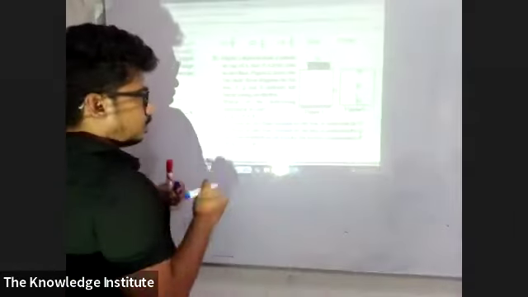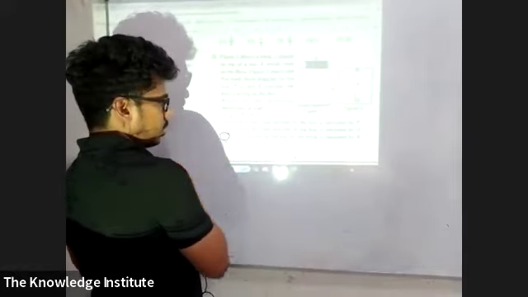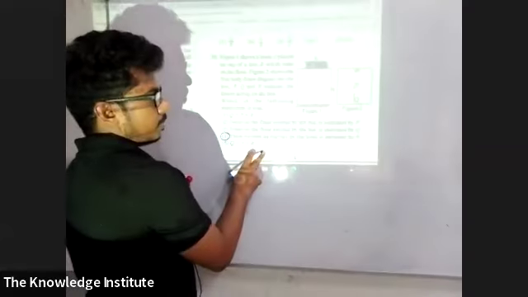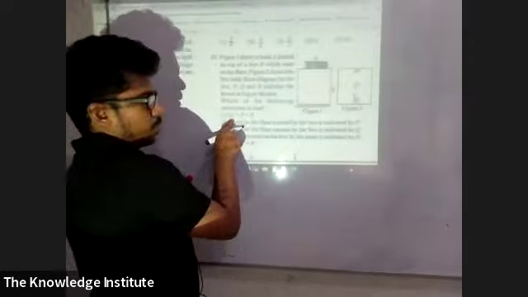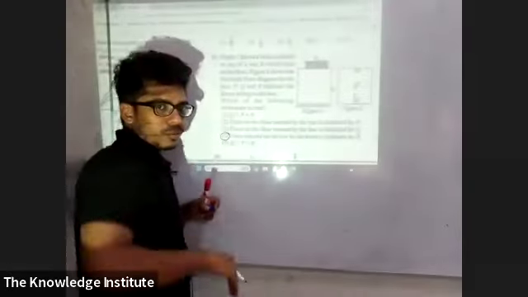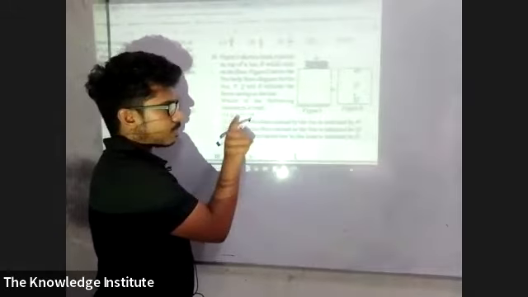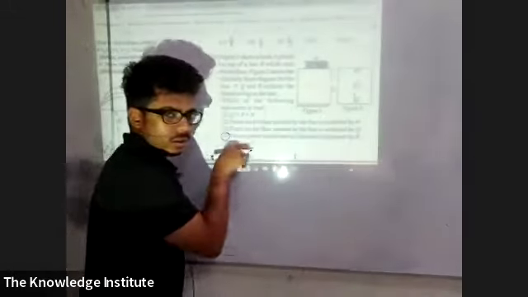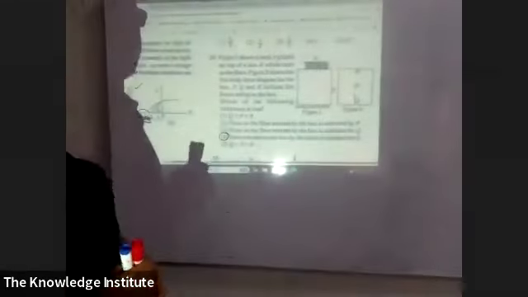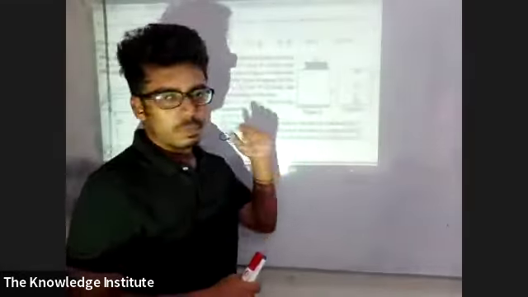Force exerted on the box by the book is indicated by R. That is correct. Q is less than P plus R. This is impossible, though it is possible if we consider the pressure due to the atmosphere. Otherwise this is wrong, so we go with this.